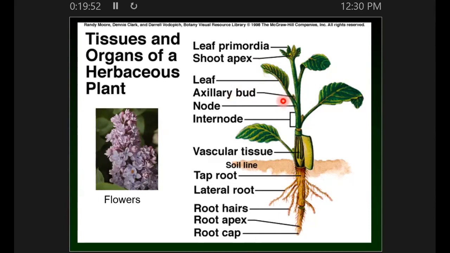It's not really growing, it's just waiting until it gets the signal. But once it does get this signal, and we'll talk more about what that means, that axillary bud will start to grow into a new leaf or a new branch with leaves. So that axillary bud is a region of the body that's primed and ready to grow when it gets the signal, and then it can kick into very active growth.